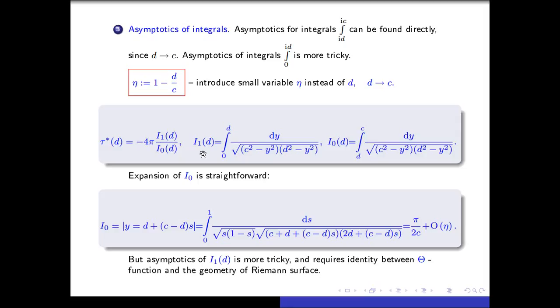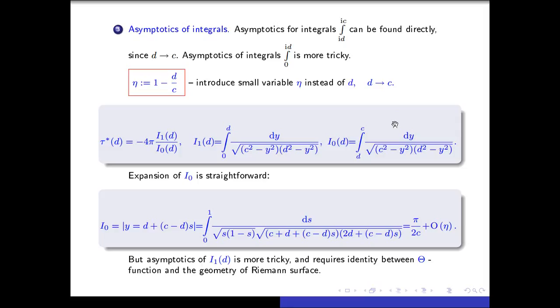This is an easy integral. We just change the interval of integration from d to c to the interval from 0 to 1, and then we just expand the integrand, and doing this we find the asymptotics of the whole integral.